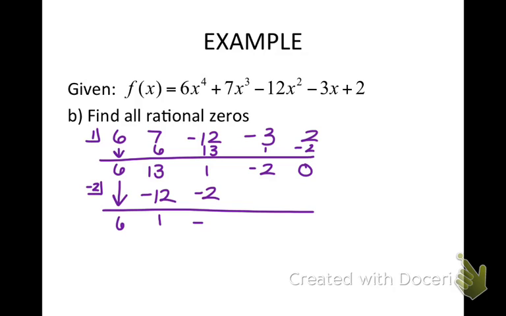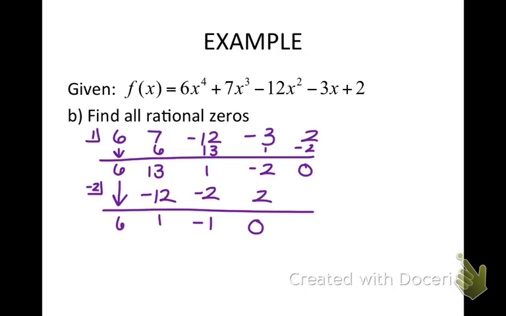Adding makes negative 1. Negative 2 times negative 2 is positive 2. That gets you to 0. You don't need to do that 0 because that was your remainder, so really that's not there anymore. Because I got remainders of 0 for both of them, I know for sure that these were true zeros. So there's 2 of them.